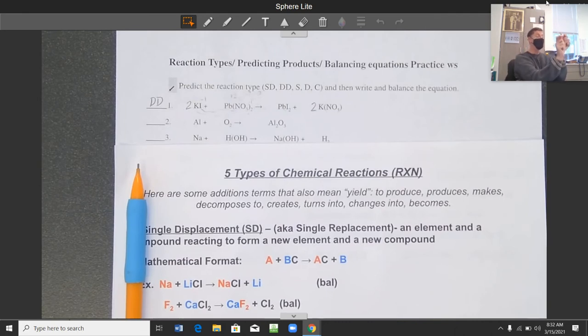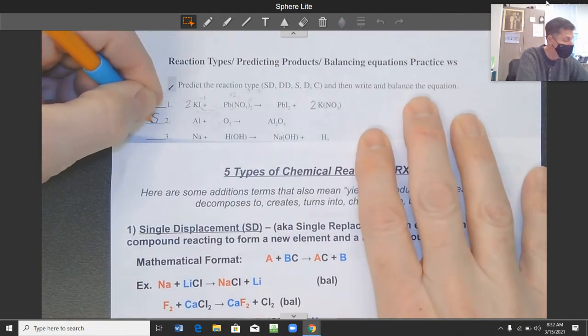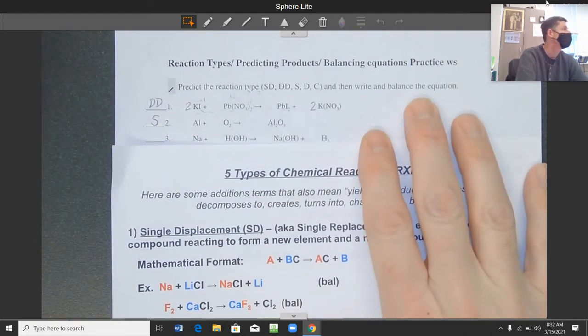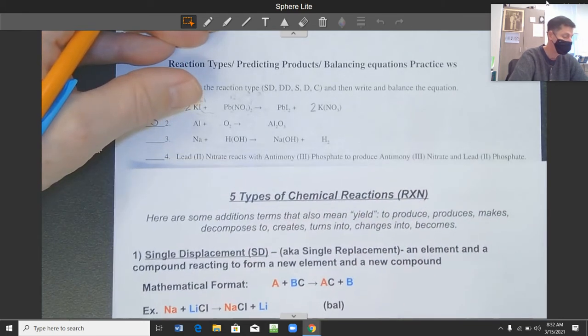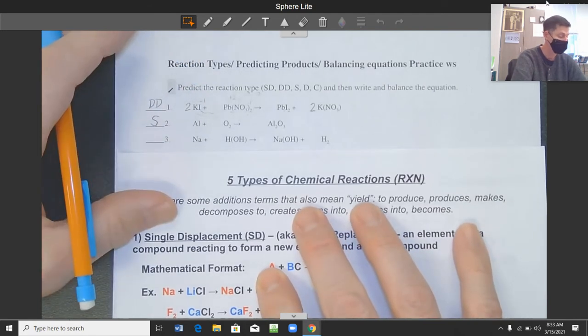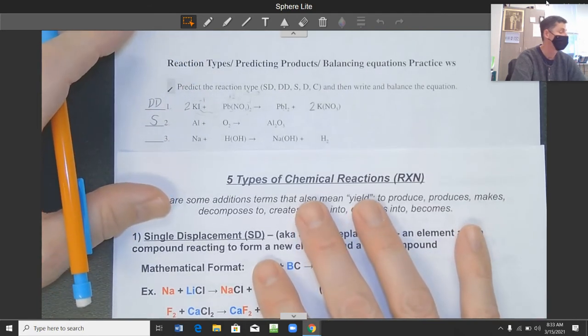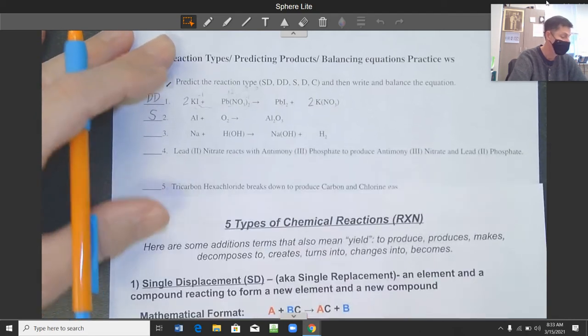Synthesis, right? The only thing you can do is put them together. That means synthesis. Does that kind of help? Okay. So you can do the other one.